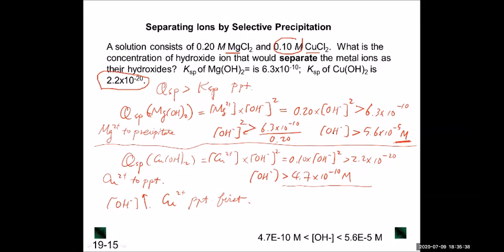5.6 times 10 to the negative fifth molarity. So adding hydroxide, increasing the concentration of hydroxide in the solution, copper will form precipitate first. And then at even higher hydroxide, magnesium will start to precipitate later.